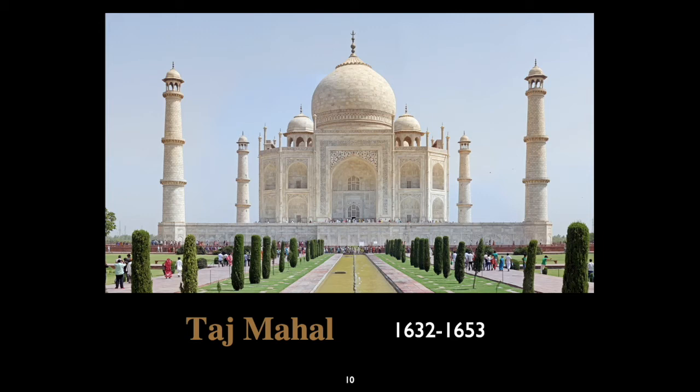And instead of building a red sandstone structure inlaid with white marble, he built an entirely white marble structure inlaid with semi-precious stones. And this is what chiefly distinguishes the Taj Mahal from other Mughal tombs.